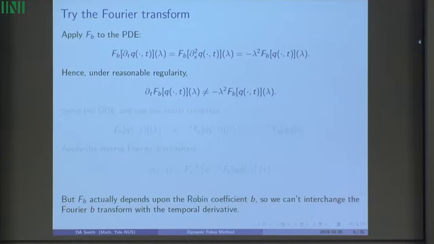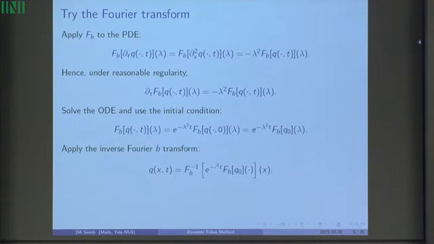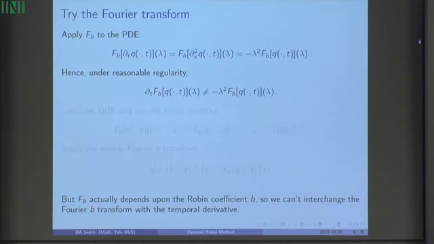So let's try that. The problem is when we have B depending on time, then our Fourier B transform depends on time, because there are B's in here, and in the inverse as well. But then that means that you can't take the time derivative out, because it's going to interact with the transform itself. So this is no longer true, and everything else falls apart.